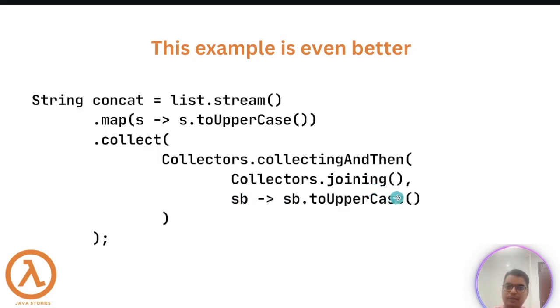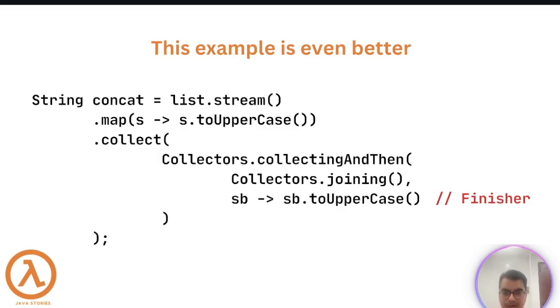So the first parameter of collectingAndThen is the collector itself, and the second parameter is the finisher.